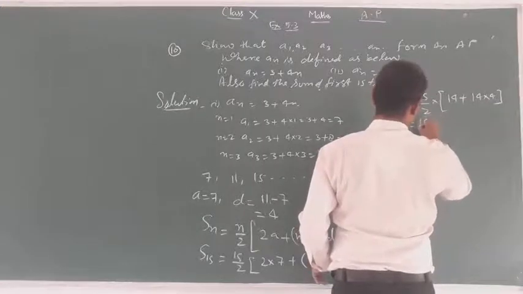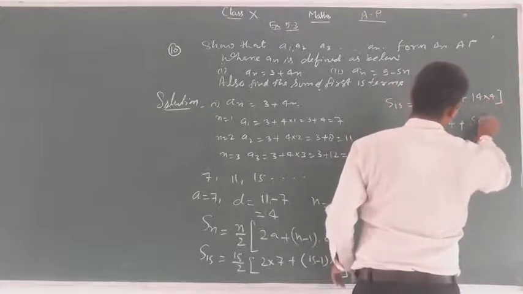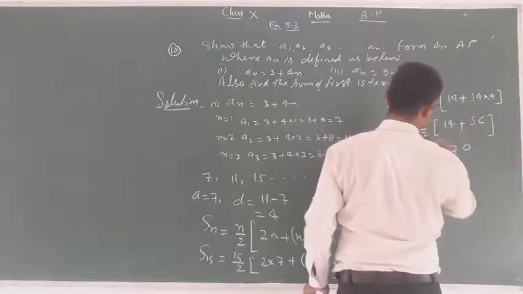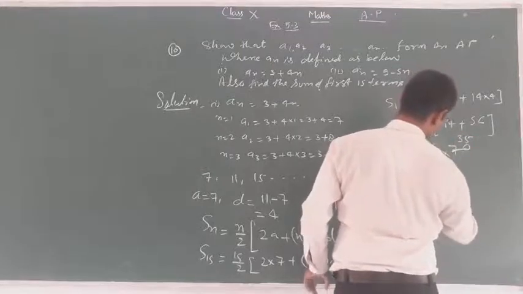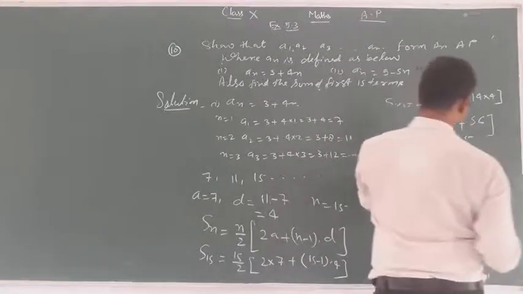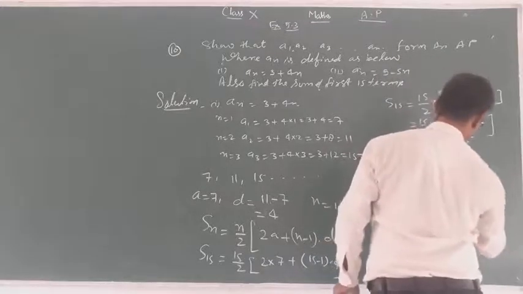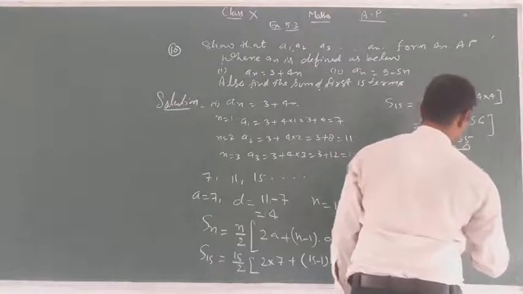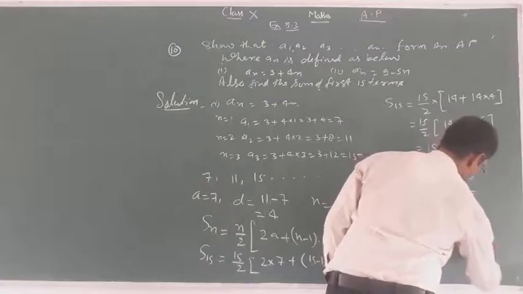So 15 upon 2, 14 plus 56, which is 70. So 15 upon 2 into 70, so 35. So 15 into 35 is 525. So S15 is equal to 525.